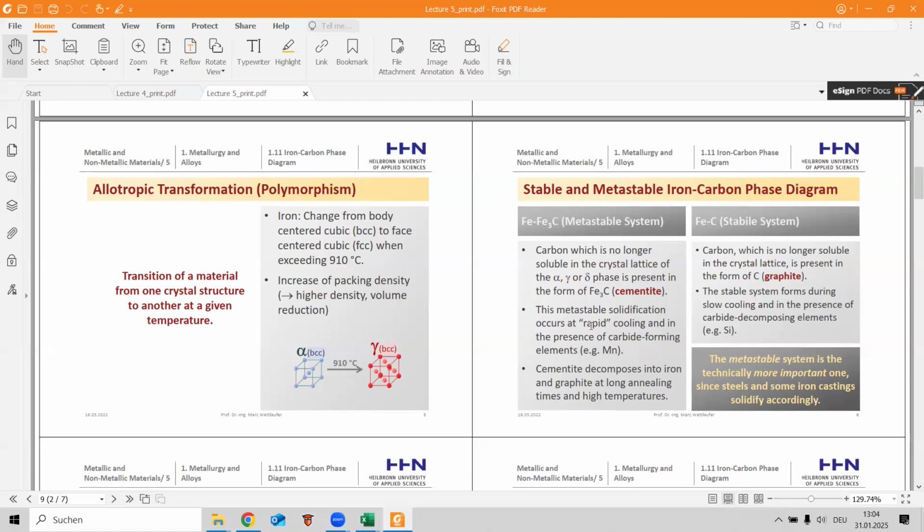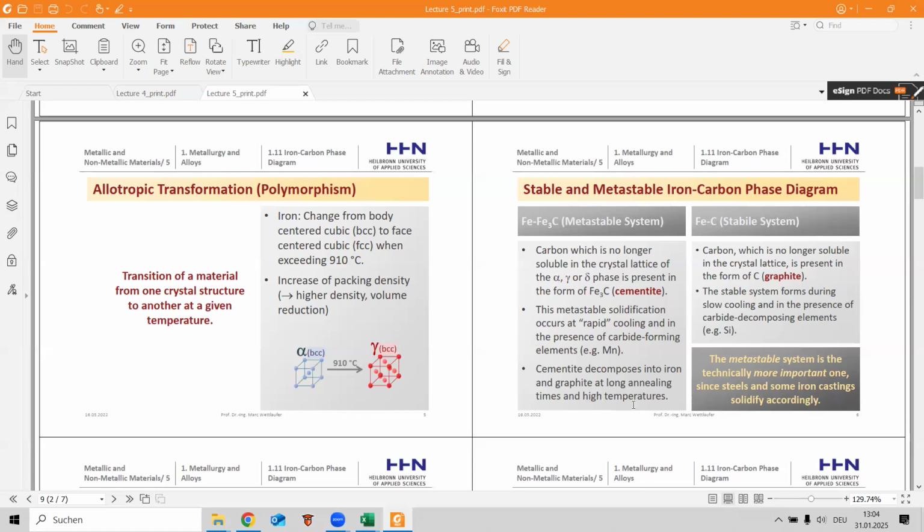This metastable solidification occurs at rapid cooling and in the presence of carbide-forming elements, for instance manganese. Cementite decomposes into iron and graphite with long annealing times.